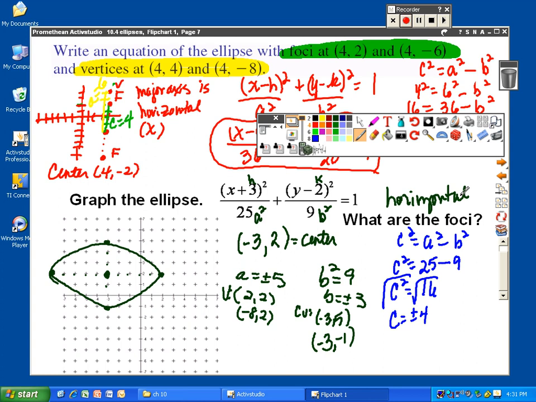So negative 3 plus 4 is 1, 2 for my focus. And negative 3 minus 4 is negative 7, 2. Now let's see if we count that from our center. We go plus 4, 1, 2, 3, 4 for my focus. And left 4, 1, 2, 3, 4. Does bring me to negative 7, 2 and 1, 2.